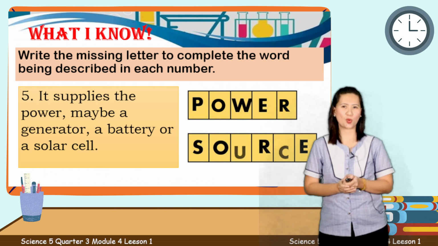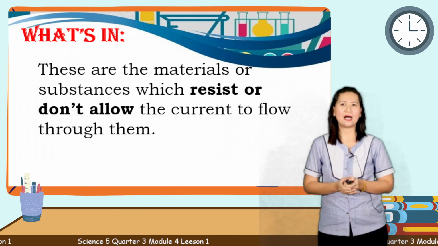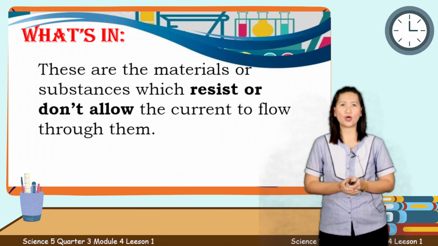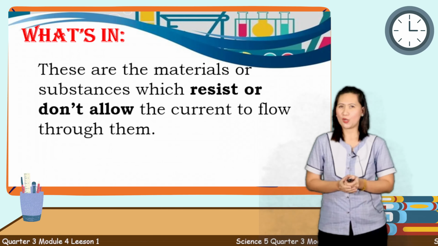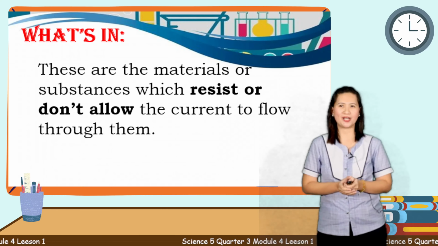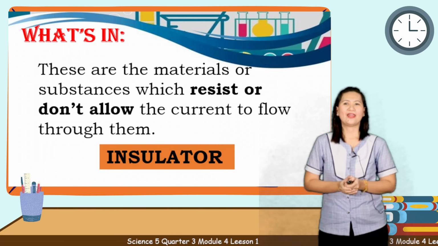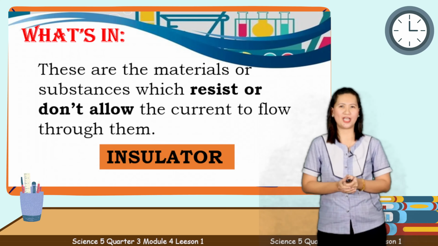So, what is your answer, dear learners? The answer is conductor. Next, these are the materials or substances which resist or don't allow the current to flow through them. So, what is your answer? The answer is insulator.